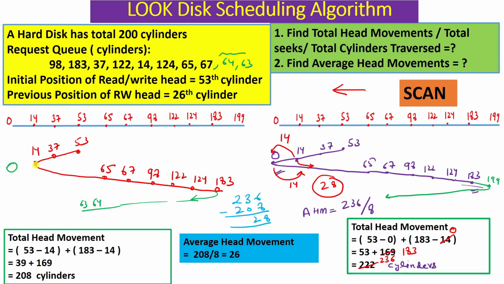We are just going to the last request which comes in that part. But in SCAN, we were going to the last cylinder also. So from 14 to 13, we are not going, 13 to 12, we are not going, and so on. So these seek operations we are avoiding in the LOOK algorithm. That's why the LOOK algorithm is able to complete all these requests in less time than the SCAN algorithm.